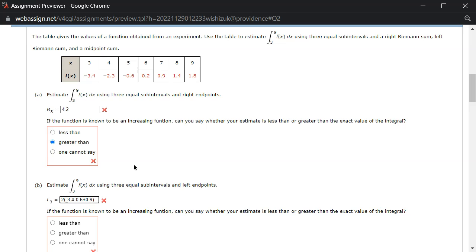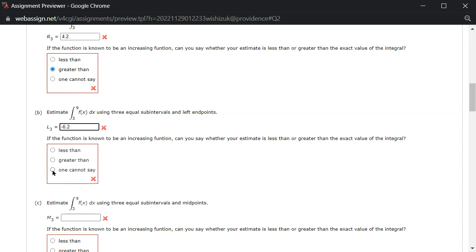So negative 0.6 plus 0.9 would be 0.3, so it's going to be adding 0.3. Then negative 3.4 plus 0.3 is negative 3.1, and if you multiply by 2, it's going to be negative 6.2. So this is going to be definitely less than the actual value, right?